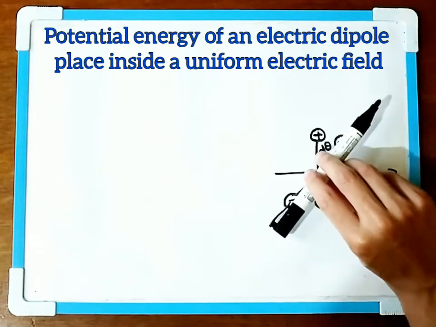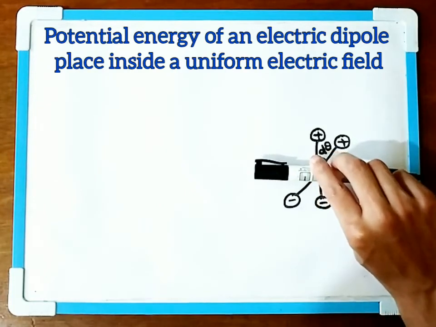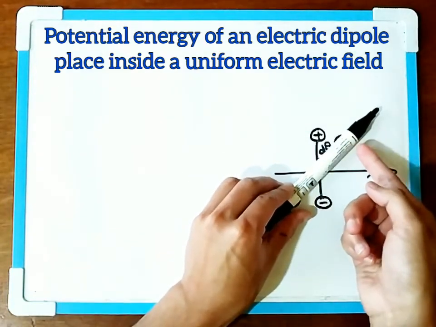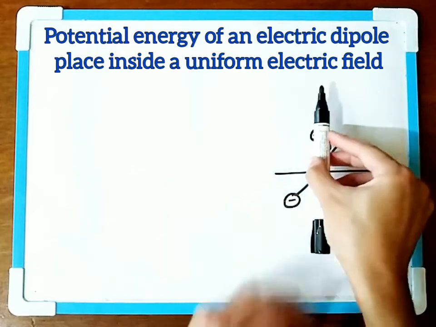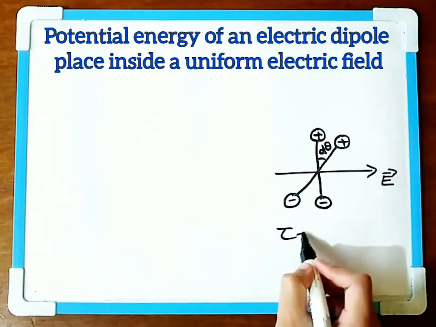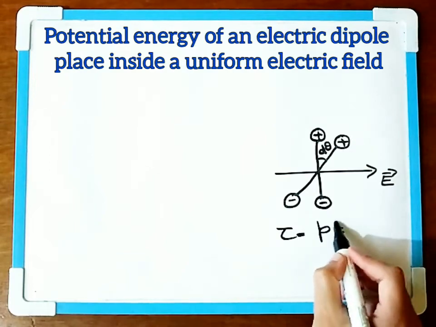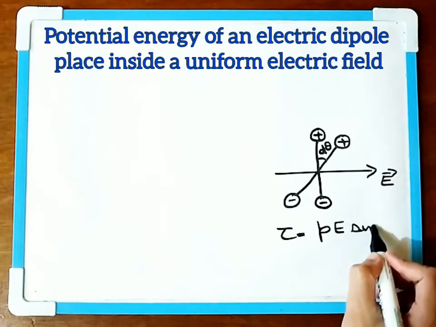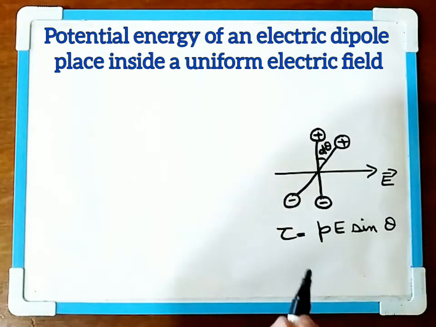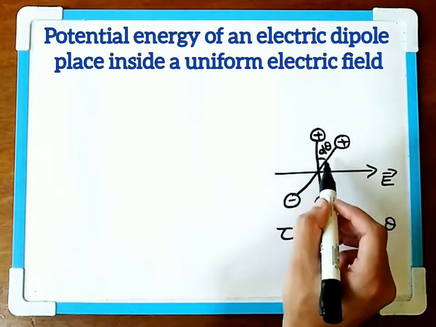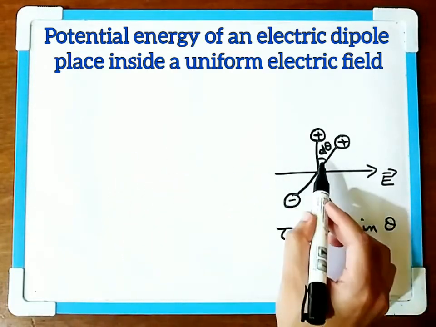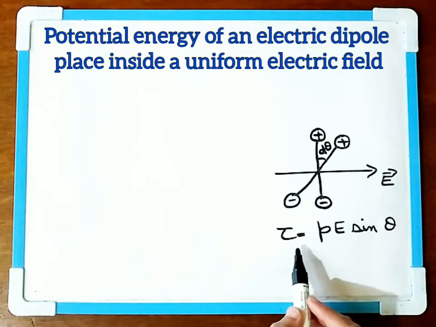The torque will make the dipole return, but we will have to do work to displace it, and that torque is equal to PE sine theta. The displacement in this case is d theta.